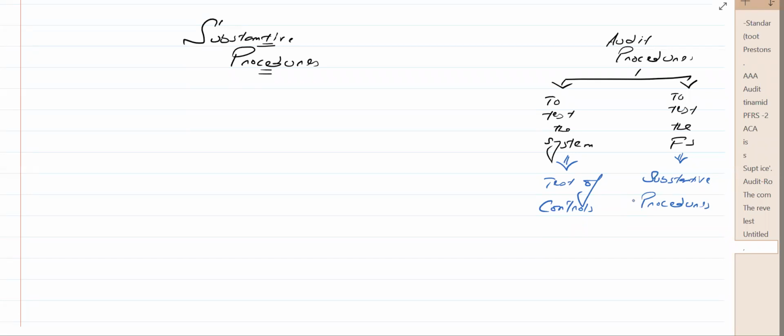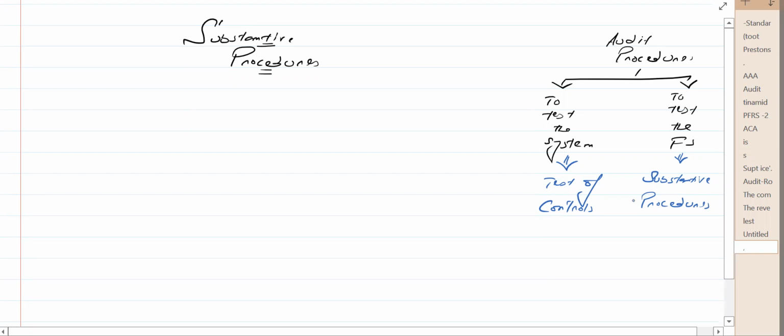For example, when I'm saying physically inspect the property, plant, and equipment to confirm whether they're available in the working condition, the examiner knows that this assertion is about existence. Even if you have not written the term existence there, there's no need to write the particular assertion if the examiner has not asked for it, as long as your procedure is giving the full meaning.